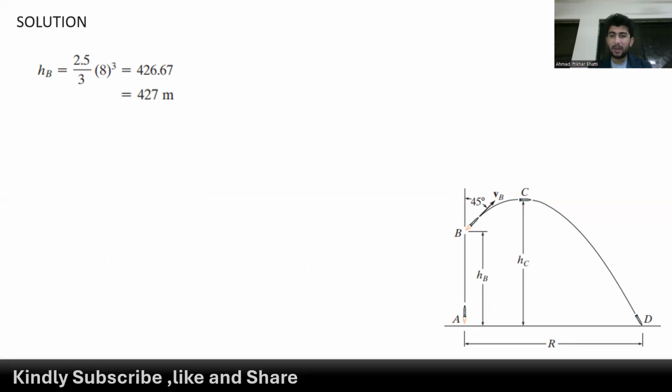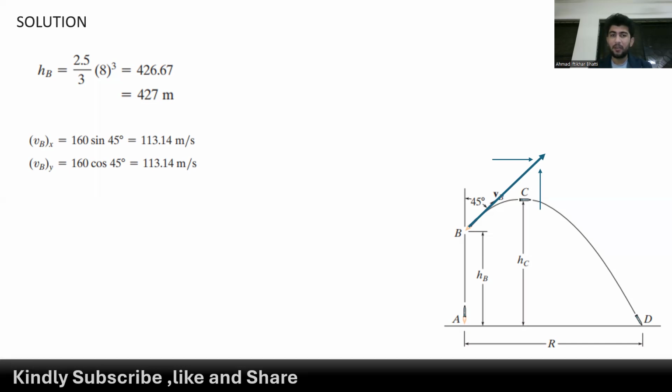So now we have the velocity and the height of the missile at point B. To find the height of the missile at point C, we first have to draw the vertical and horizontal components of the velocity. In the vertical direction, we have 160 cos 45 degrees, so it becomes 113.14 meters per second.